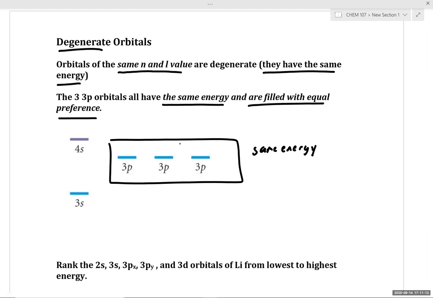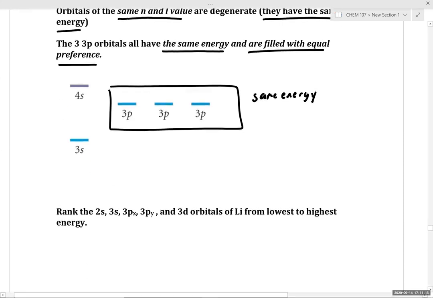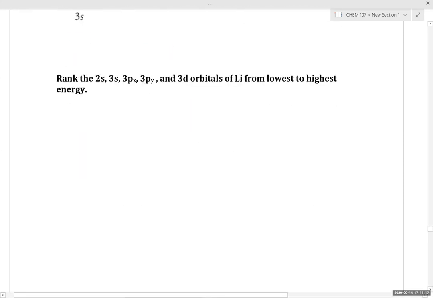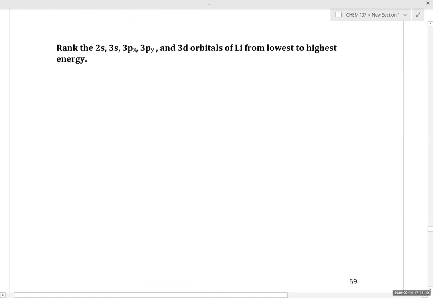Now, to make sure we're all paying attention and that we're familiar with the relative orbital energies, I'd like you to rank the following orbitals in order of lowest to highest energy. So we have our 2s, 3s, 3px, 3py, and 3d orbitals.